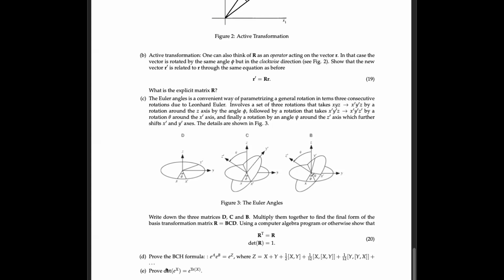The same unitary transformation is, of course, going to be the one that diagonalizes X. Once you've diagonalized, say, the left-hand matrix, it's easy to see that the determinant of this is just the product of e to the power of the eigenvalues of X. And because they're exponentials, it becomes e to the power of the sum of the eigenvalues, which is exactly what the right-hand side is. So I think that should cover everything.